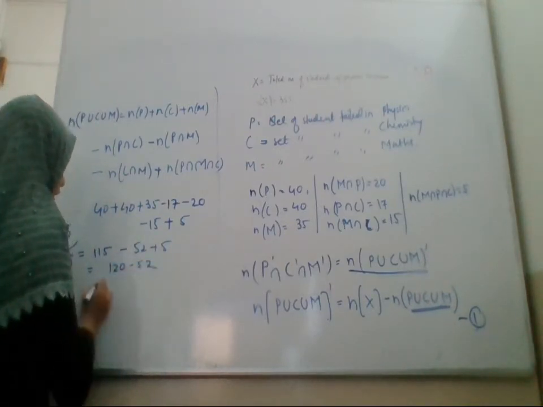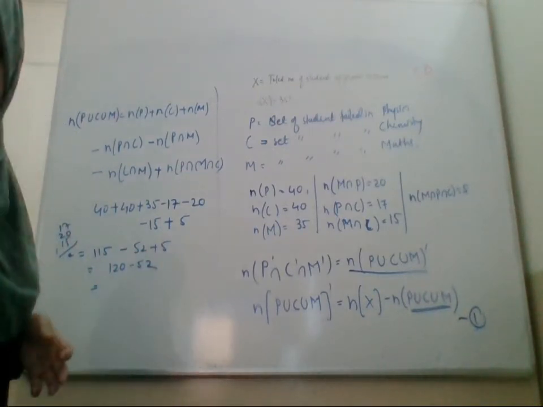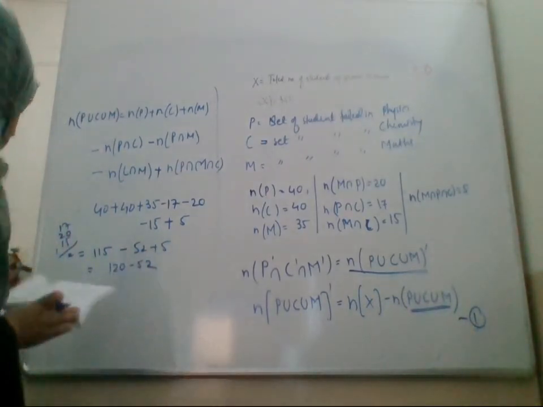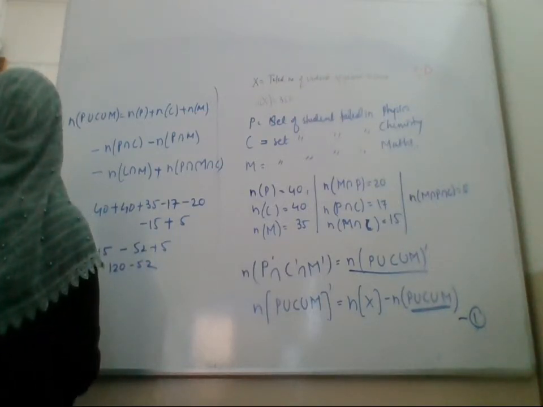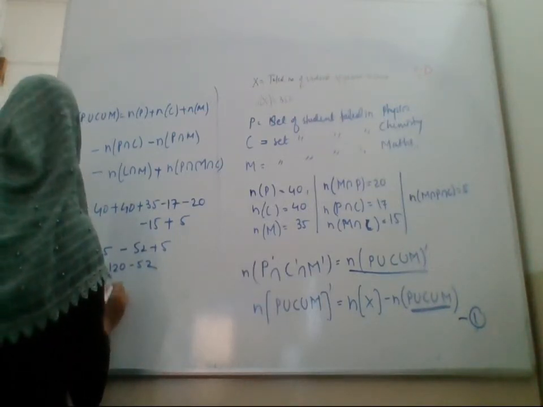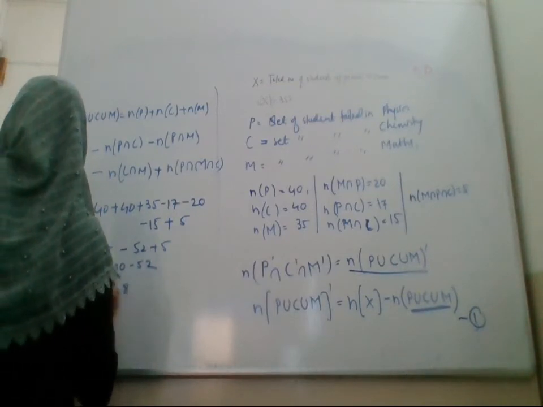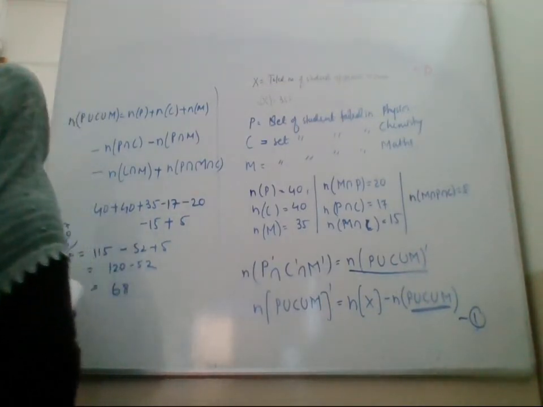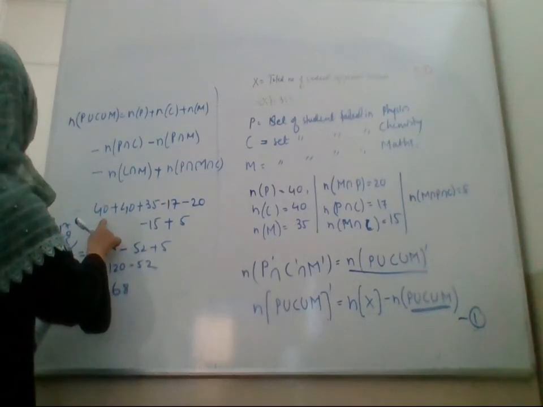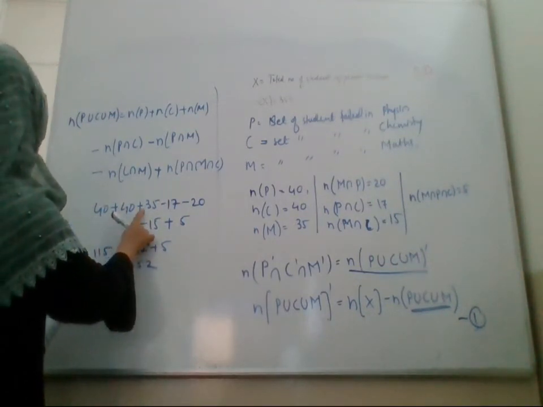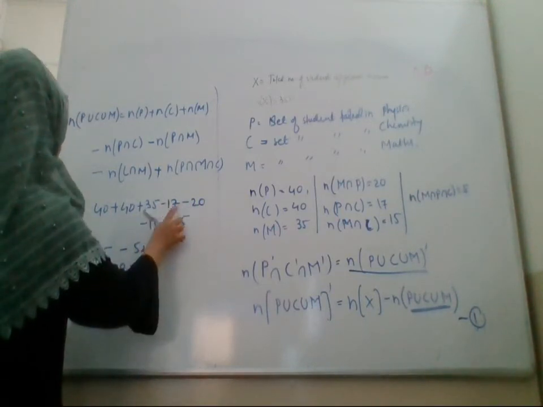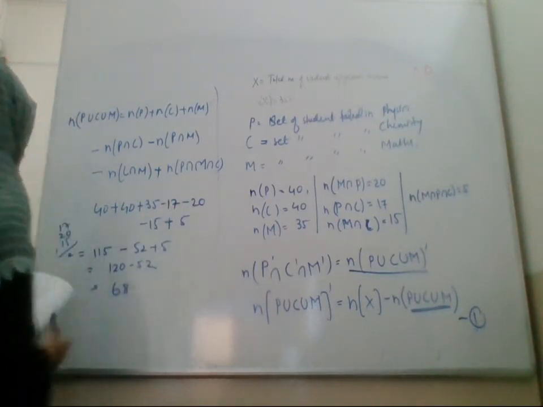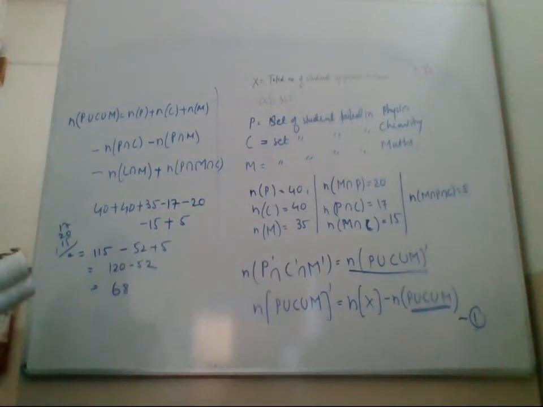Then minus 17, minus 20, minus 15, which is 52. So 120 minus 52, your answer for this will be equal to 68. Yes, our final answer is equal to 68.